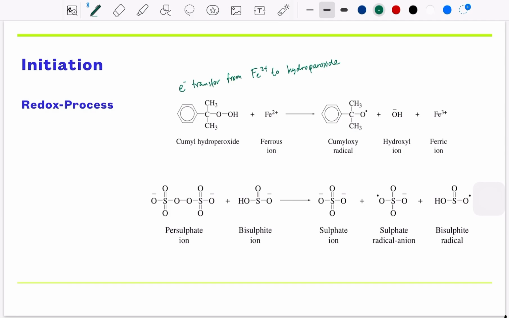Then it becomes 3+, which is oxidized, and this peroxide becomes a radical with the hydroxyl ion. And the same thing with the second reaction, with sulfide ion, also a redox process. But I think the first one is very basic, so I think you need to know the first one.